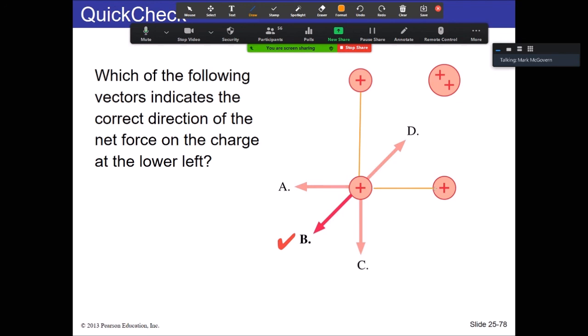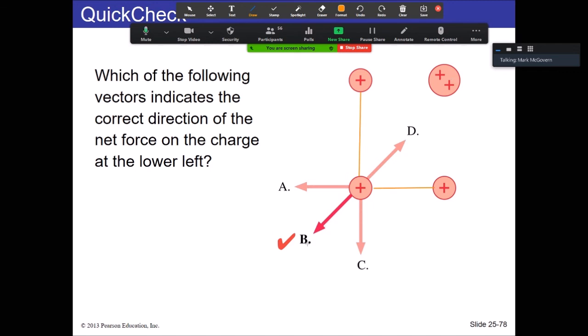It's supposed to match. My intention was that the vertical distance and the horizontal distance are the same. That produces a net force at a 45-degree angle, which just reinforces the forces down here.